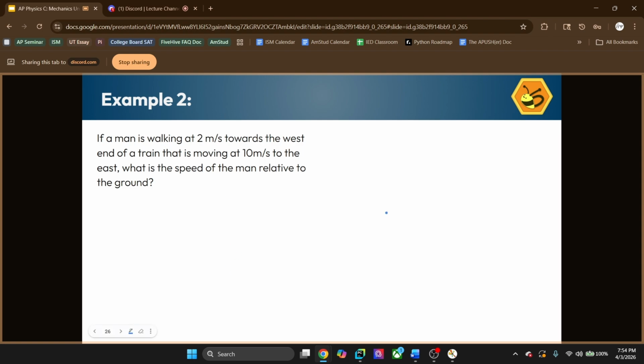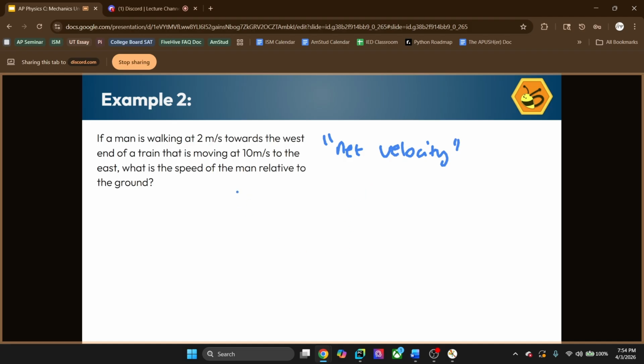Since we're on the ground, we're not moving, but the train and the man are moving. And the way I like to think about this kind of question is something called net velocity. It's not an official term from what I know. It's not taught, but I just think of it as net velocity.